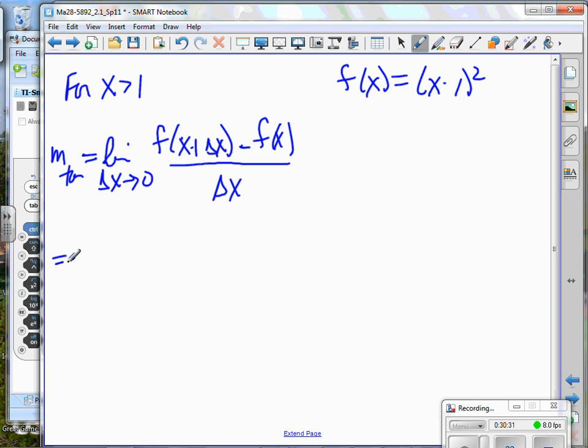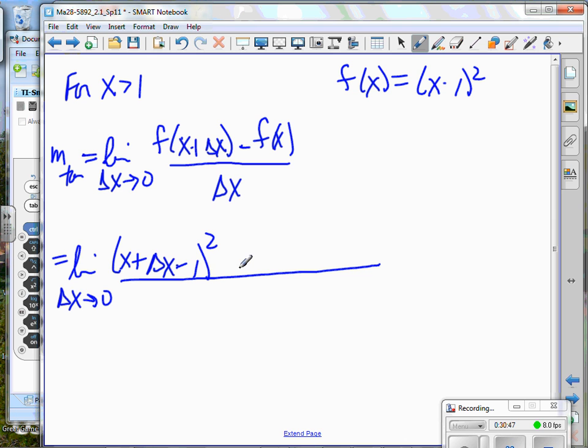So I've got the limit as delta x approaches 0 of x plus delta x minus 1, squared, minus x minus 1, squared, over delta x. I've got to do the very same thing I did. I've got to expand, okay?